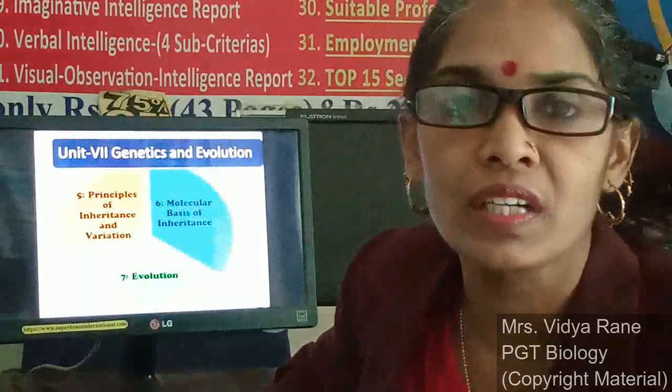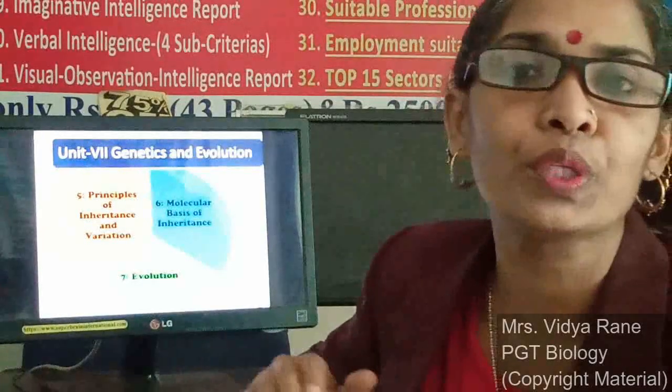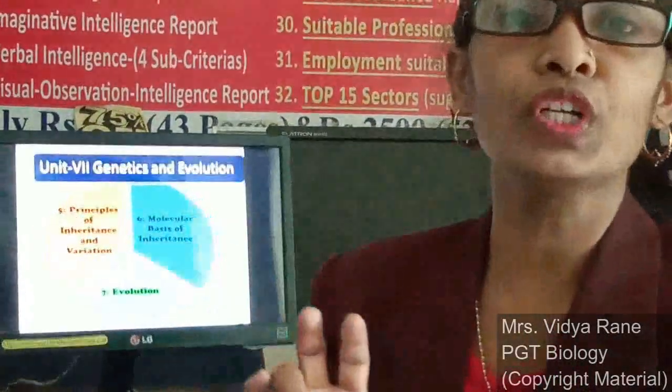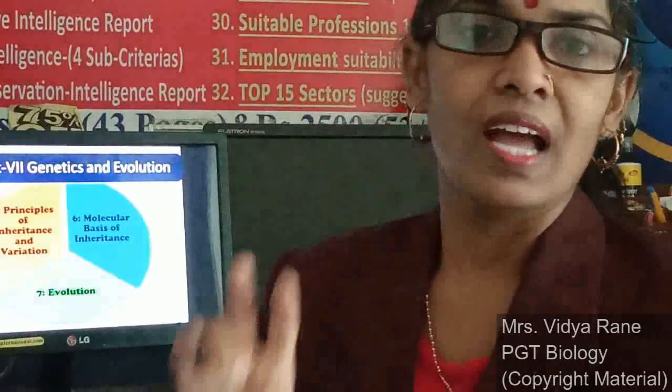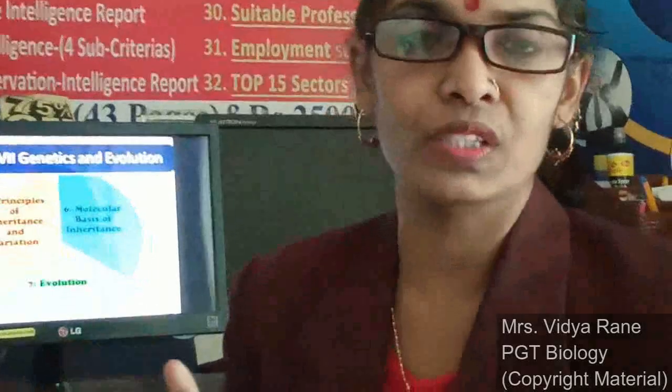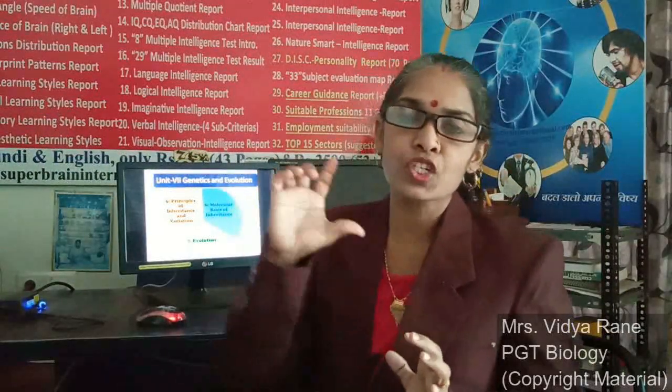By the term evolution you can understand that you are going to study the evolution of the earth, evolution of life on earth and evolution of different types of animals on earth. At last you are going to study a short human evolution. So all of this is what you are going to study in the evolution chapter.